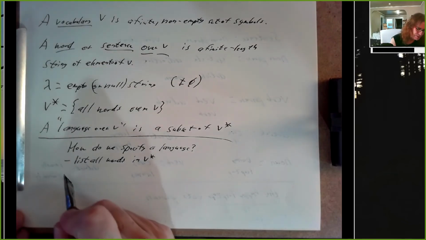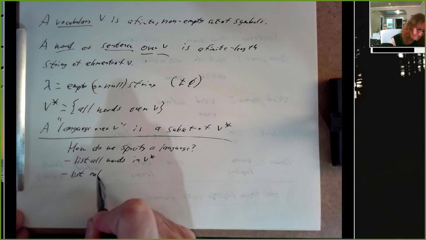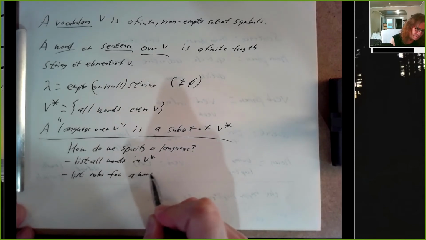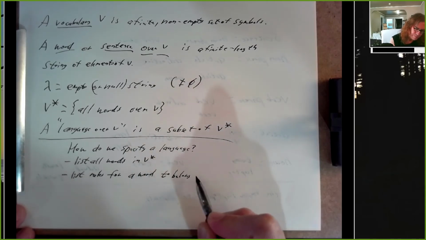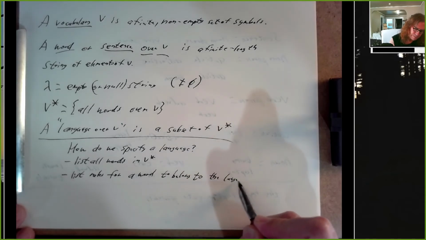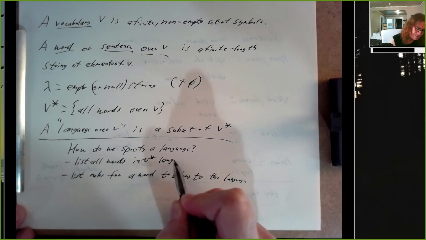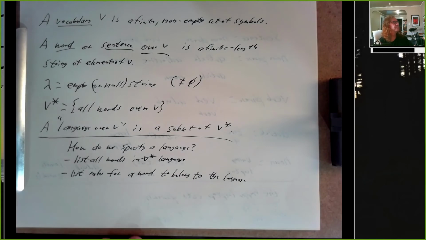Okay, a different approach is to list rules for a word to belong to the language. I shouldn't have said in V star up here. I should have said in the language. Okay, we could list rules. So what are some rules we have?